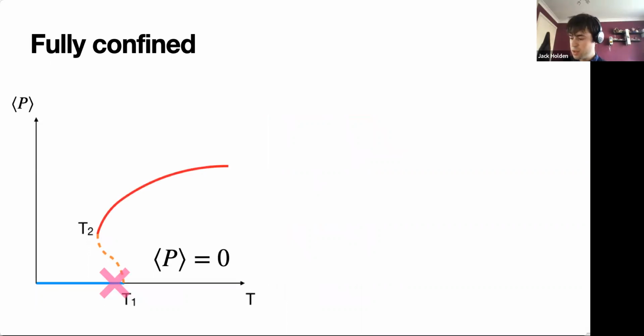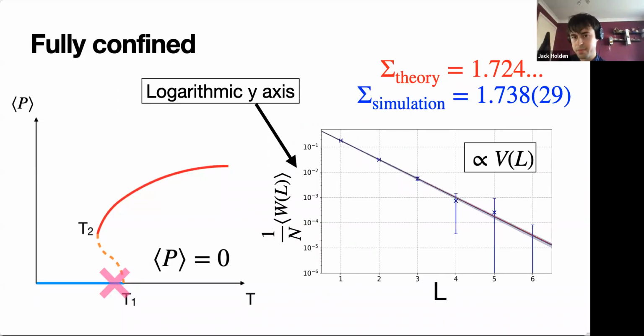Using the setup I described before, we constrain P to be 0, so that we're in the fully confined phase, and we can plot the Wilson loop, which is the correlator between the two Polyakov loops, on a logarithmic y-axis. This gives us the potential, and indeed we see the linear potential with the correct gradient of 1.724, so everything agrees.